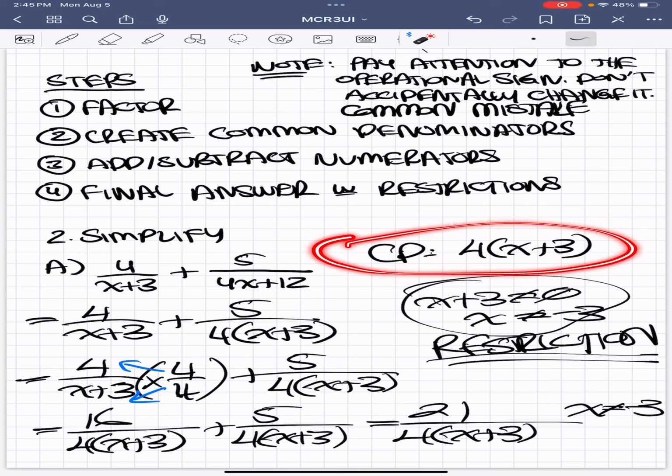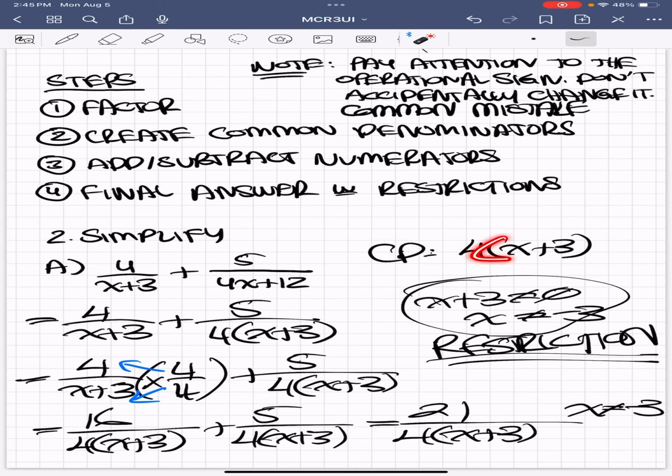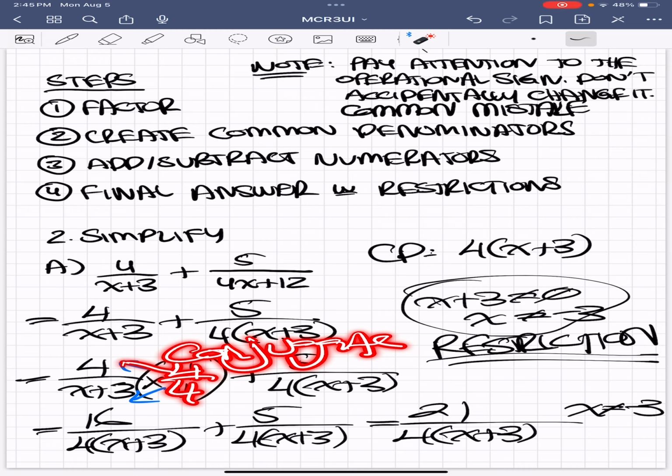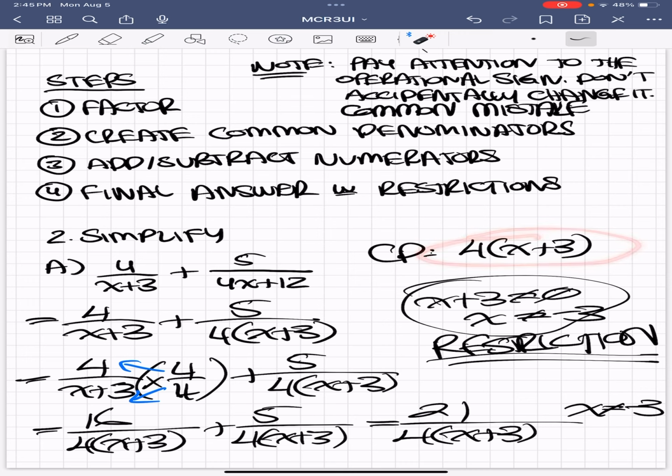So we have a common denominator of 4 in brackets x plus 3. We multiplied this piece by the correct conjugate, which was 4 over 4. We multiplied the numerator and the denominator by 4 to get a common denominator of 4 times x plus 3.